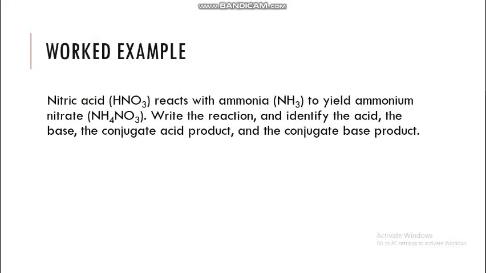So, let's have another working example, the reaction of nitric acid and ammonia. This would yield ammonium nitrate. So let's identify the acid, the base, the conjugate acid product, and the conjugate base product. So let's first write the reaction.